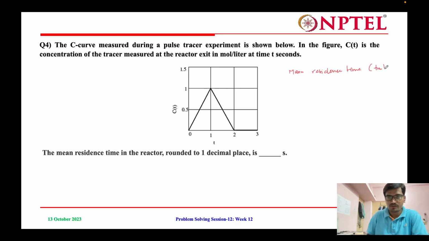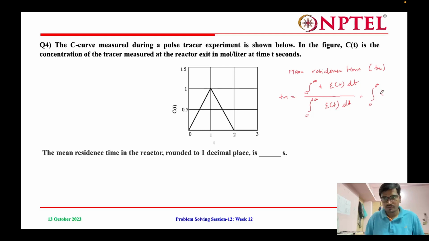The mean residence time is denoted by tm. So tm equals the integral from 0 to infinity of t C dt divided by the integral from 0 to infinity of C dt. This is equation 1.